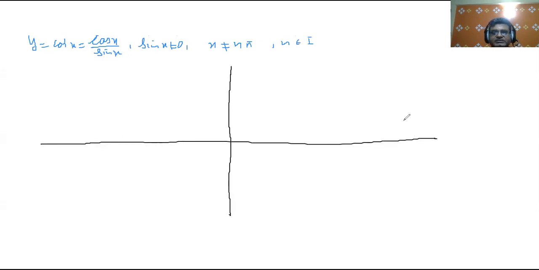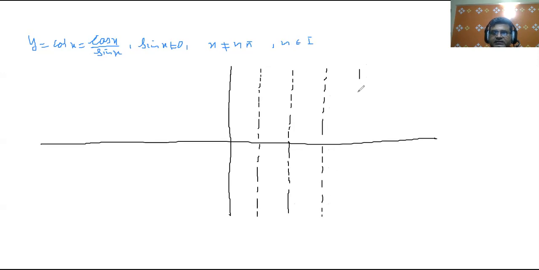These are the graphs. So we are just making the supporting lines for the graph so that we can understand. So these are the supporting lines, and these are also known as asymptotes.